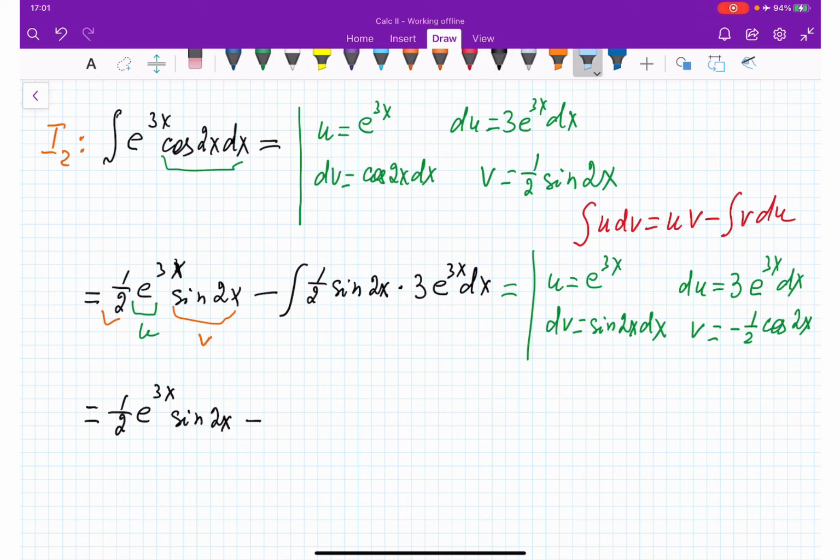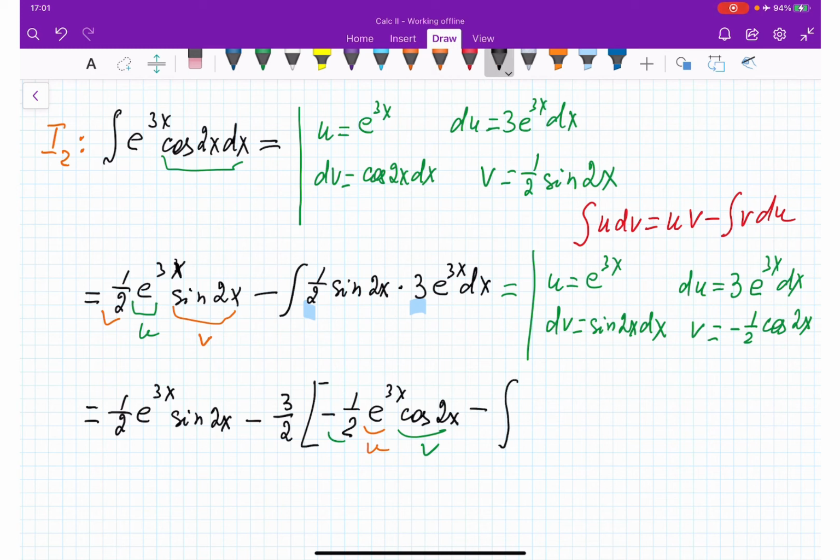I'm taking out this 1/2 and 3, and it's going to be 3/2 square bracket negative 1/2 e to power 3x cosine 2x, right? This is going to be my v, and this is going to be my u, right? Okay, minus integral negative 1/2 cosine 2x times 3 times e to power 3x dx.